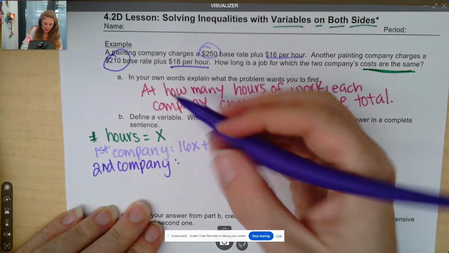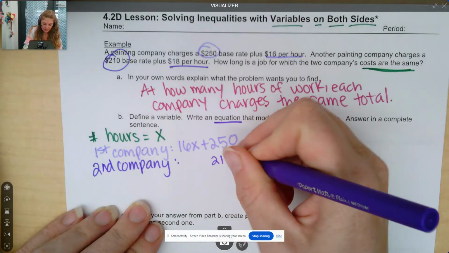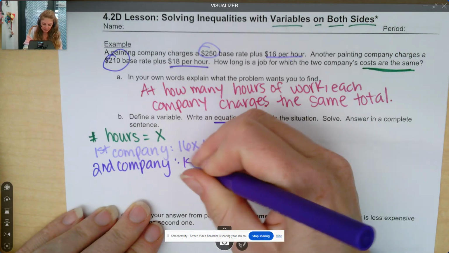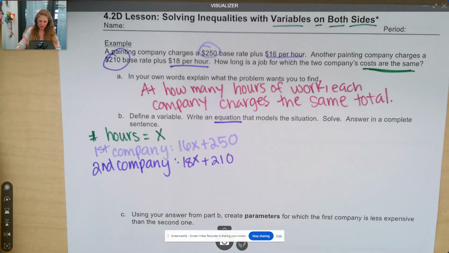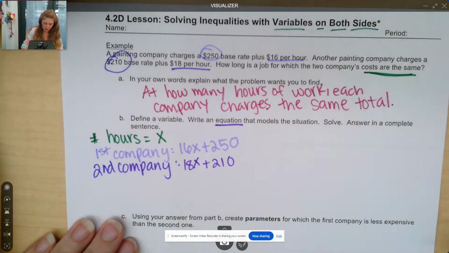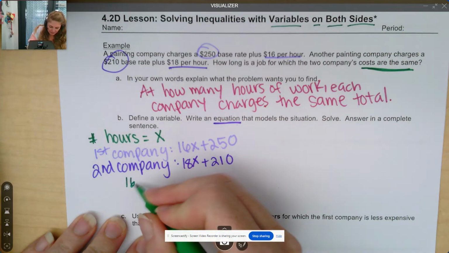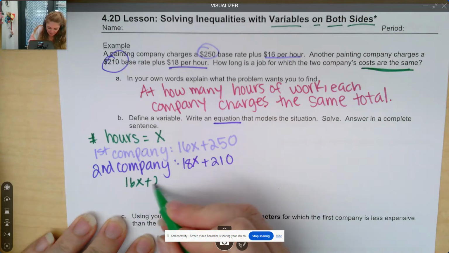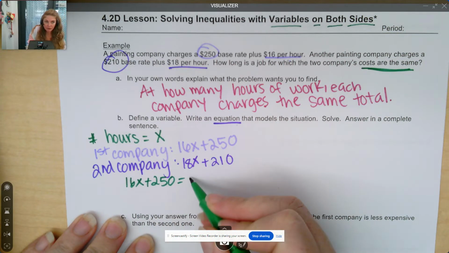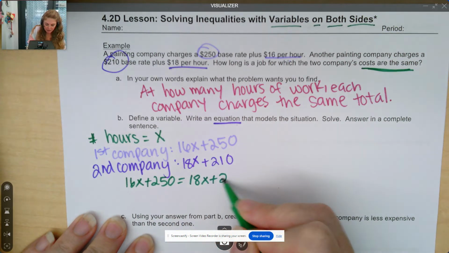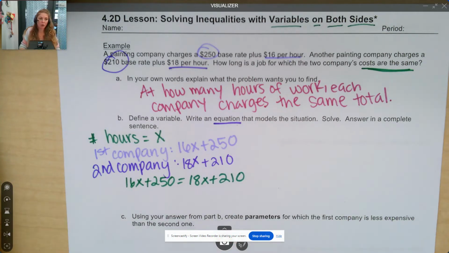And the second company has a $210 base rate, but charges $18 an hour. So the equation to solve this would be 16x plus 250 is equal to 18x plus 210. I want to know when these two are equivalent to each other.